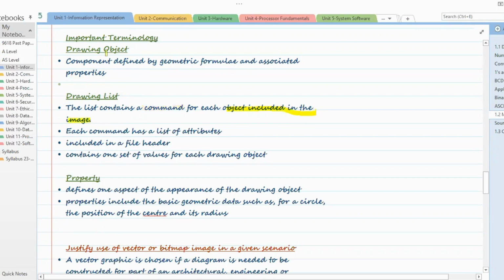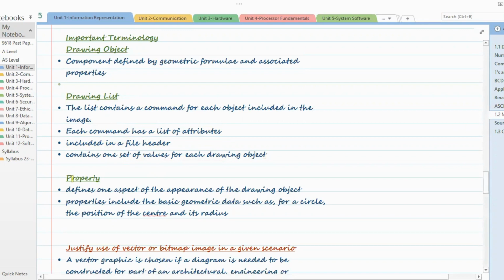So whatever object you have to draw, there is a command for it in the drawing list. Each command has a list of attributes, and this drawing list is included in the file header, and it contains one set of default values for each drawing object, right?